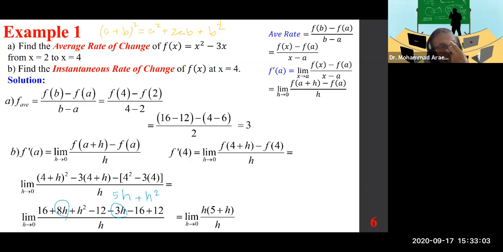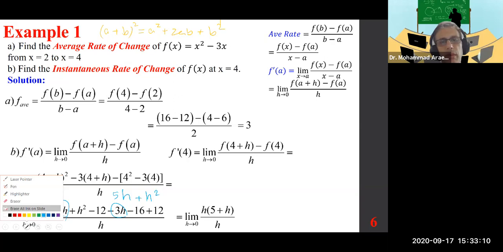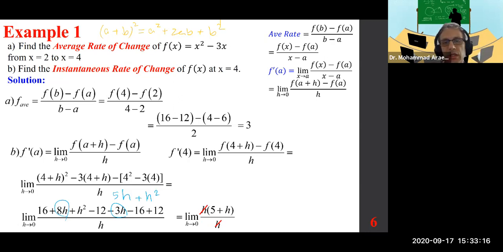I hope you see it's all algebra, you're simplifying, okay? And so you drop the common factor of h, you're left with 5 plus h, you take a limit and it becomes 5. Very straightforward. I hope everybody is comfortable with that, okay?